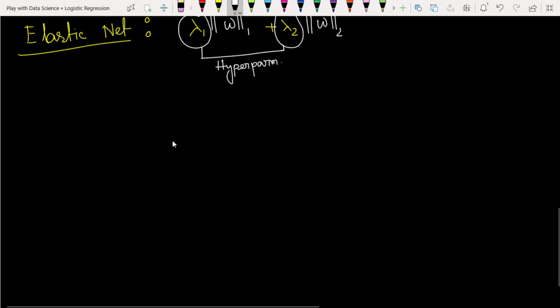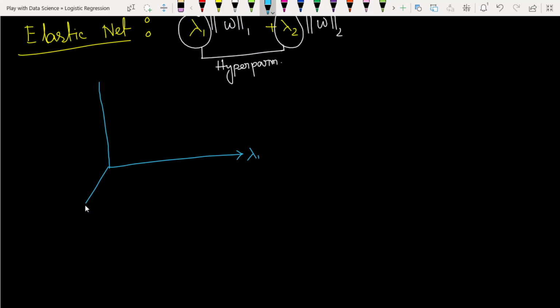Okay, so here this is our cross validation error. Suppose one axis is lambda 1 and another axis is lambda 2. This is our cross validation error.